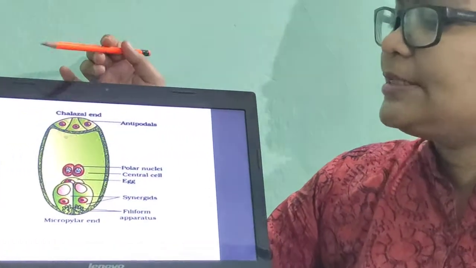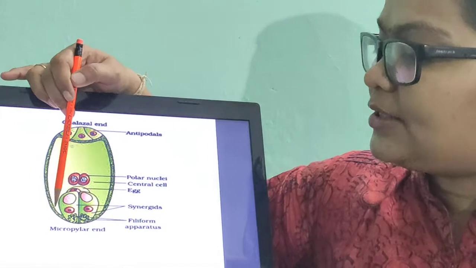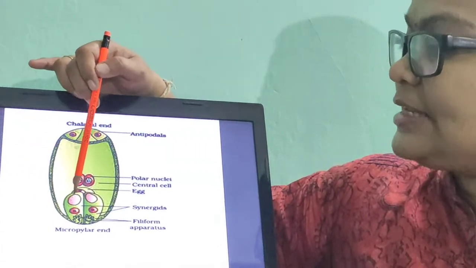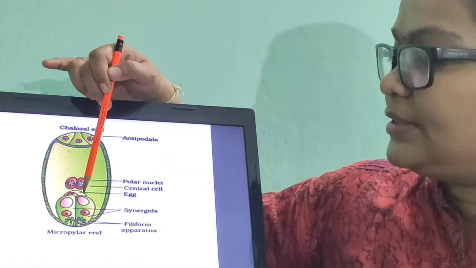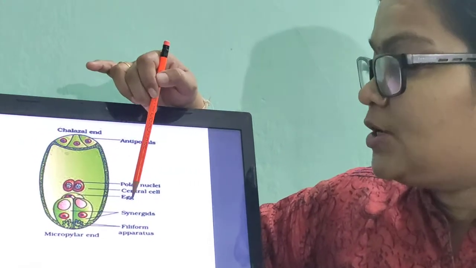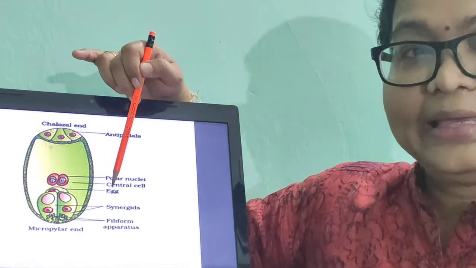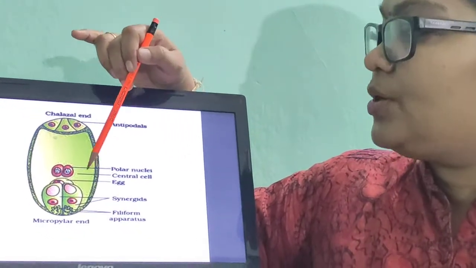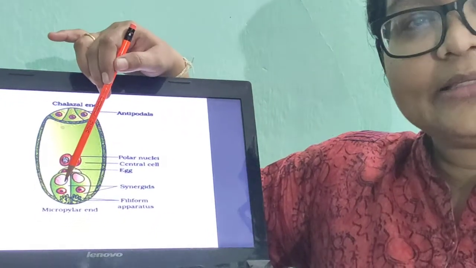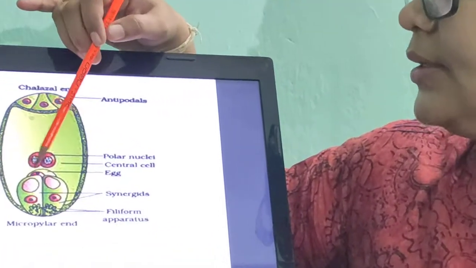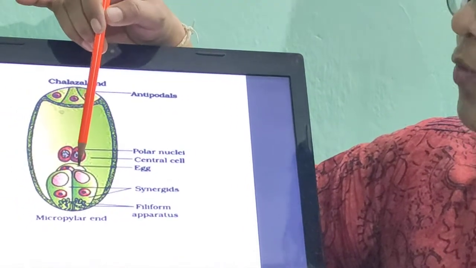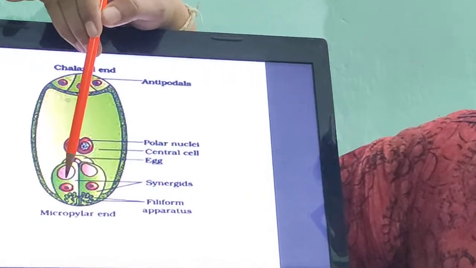Out of these 7 cells, 3 cells are at the micropylar end, 2 peripheral cells and 1 central cell. This central cell is the female gamete, known as the egg, right? Remember, all these 3 cells are haploid cells. Clear? And these haploid cells consist of 1 egg and 2 synergids.